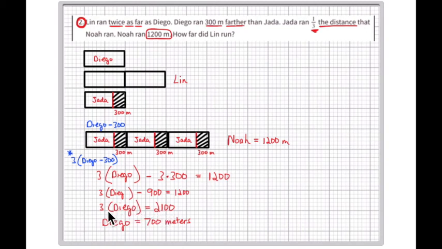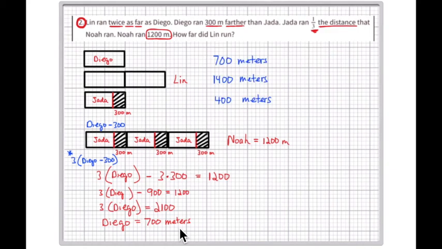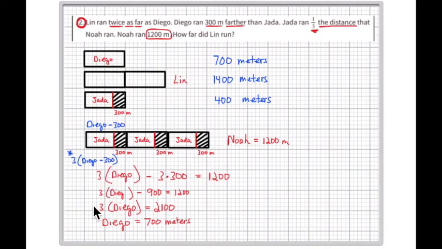That gets us to Diego's run. And 1/3 of Diego is equal to 1/3 of this total, which is 700 meters. So 700 meters for Diego, 2 times 700 meters for Lynn, and then 400 meters for Jada, which is Diego minus that 300.